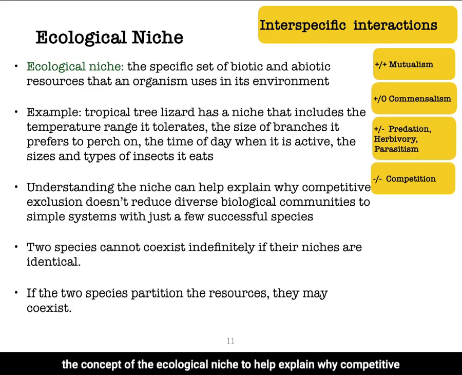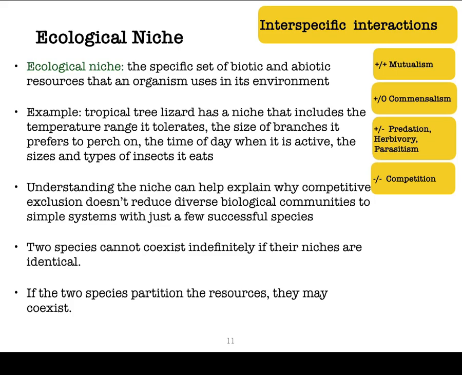We can use the concept of the ecological niche to help explain why competitive exclusion does not reduce diverse biological communities to simple systems with just a few superior competitors. Recall that competitive exclusion states that two species cannot coexist indefinitely if their niches are identical.